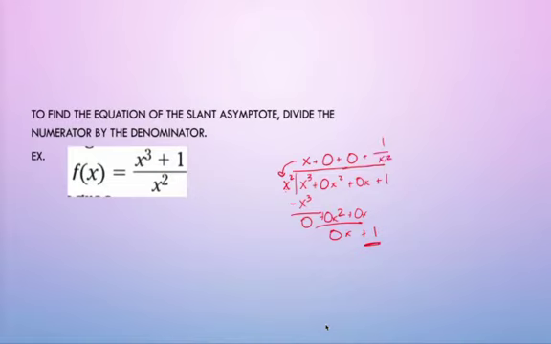But when we are finding the slant asymptote, we disregard the remainder. So here your slant asymptote is just the line y equals x. Just like with horizontal and vertical asymptotes, always write your slant asymptote as the equation of a line. Y equals something.